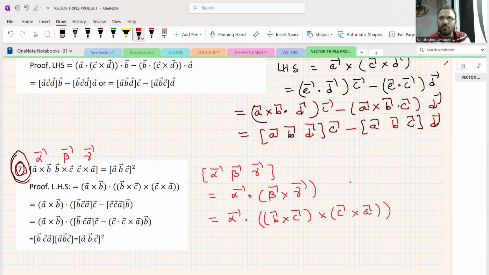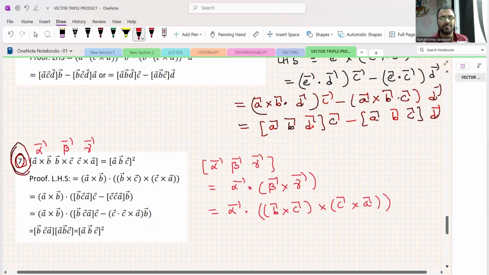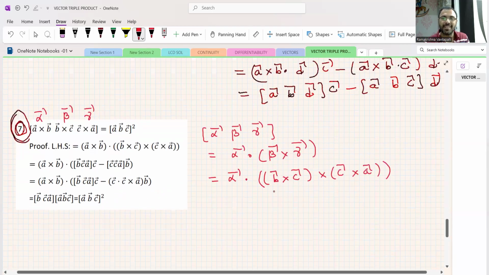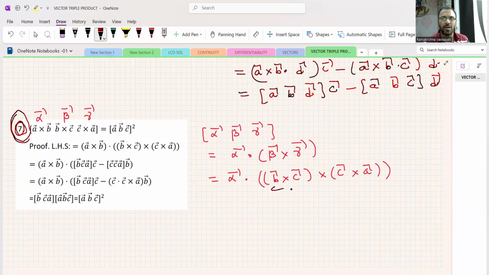Just now we have proved the cross product of vectors. Here you can write this vector in the plane of B bar C bar or in the plane of C bar A bar, whichever you want.